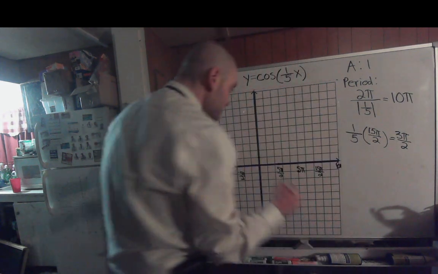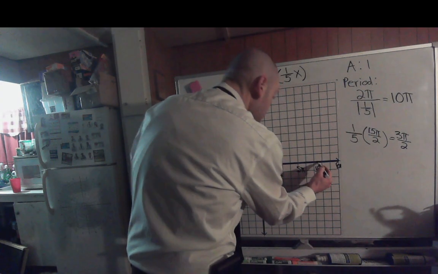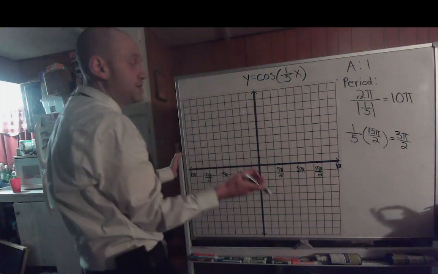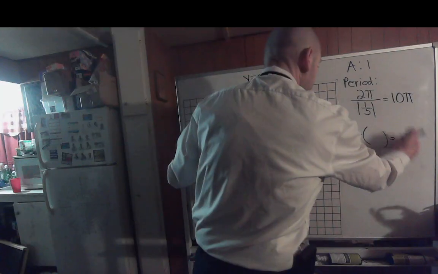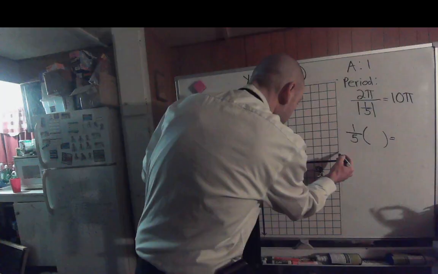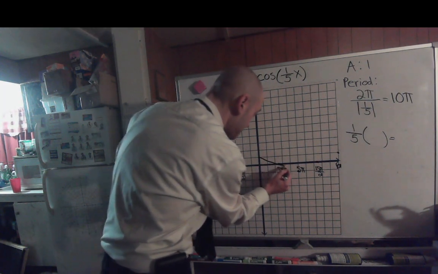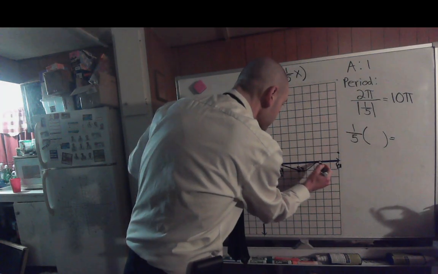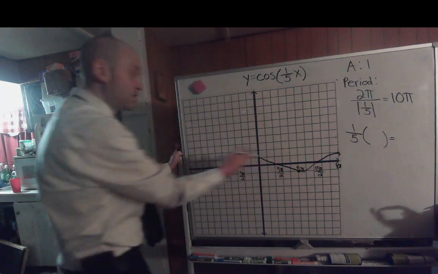What is the cosine of 3 pi over 2? That's 0. Then if we put in 10 pi, that's going to be the same as the cosine of 2 pi, which would end up being +1. So let's draw a nice little curve here. So there's the curve to the right.